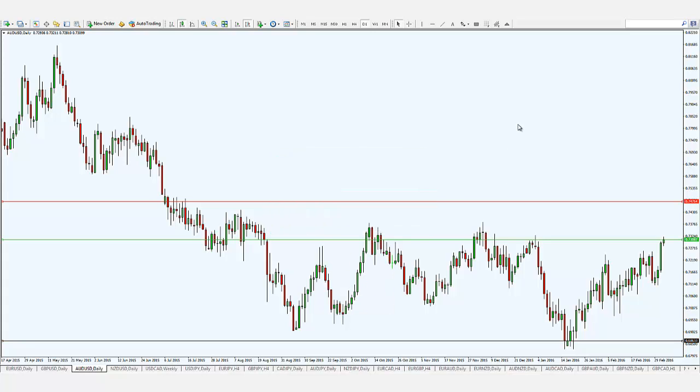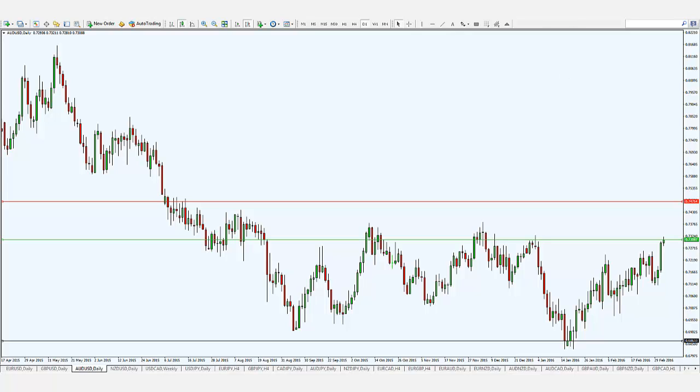So now, how much are you risking? What is your risk to reward on this trade? In this scenario, you're risking about 170 pips to make 440 pips. So in terms of risk to reward, let me get out my calculator.